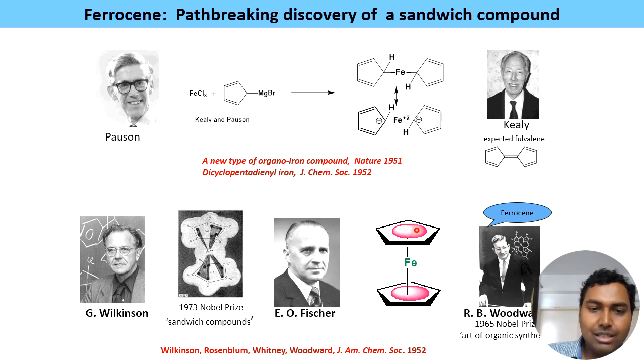Later on, similar complexes have also been synthesized with other metals like cobalt, nickel, or any other, also some palladium. These complexes have been published in high impact journals. And for their discovery, Wilkinson and Fischer got the Nobel Prize in 1973. And Woodward also got a Nobel Prize in 1965 for his contribution to the art of organic synthesis.